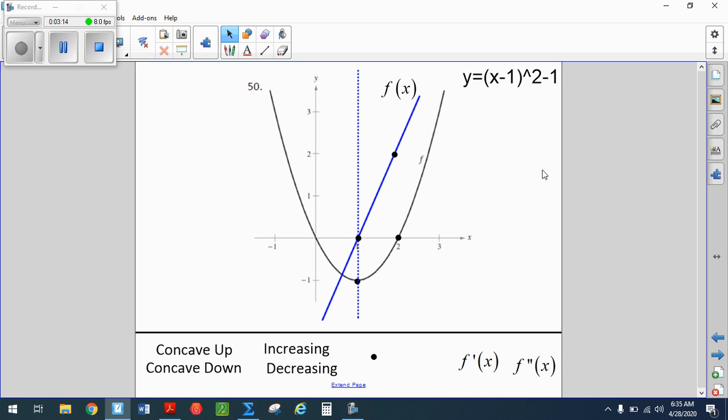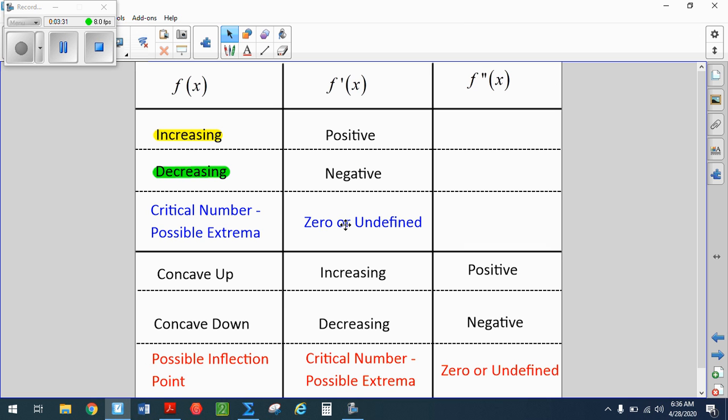But the connection here I want you to see is that the relative extreme of the original function, this relative min, is going to be the same x value where you're going to have a 0. And that shows right here, where the derivative is equal to 0, I have a critical number, or possible extrema. Critical number of the function is defined where the derivative is equal to 0 or undefined.